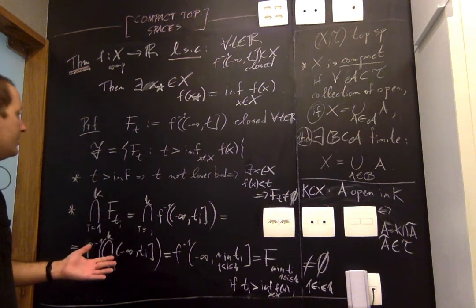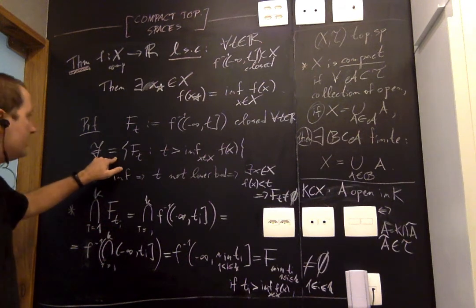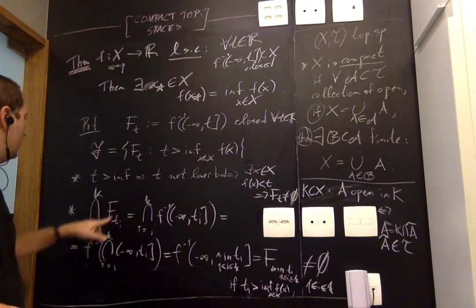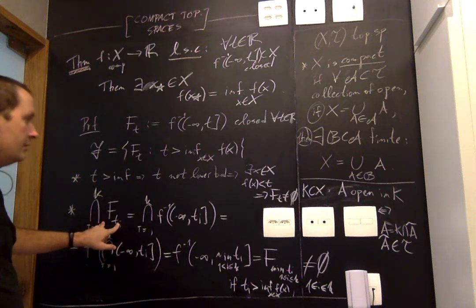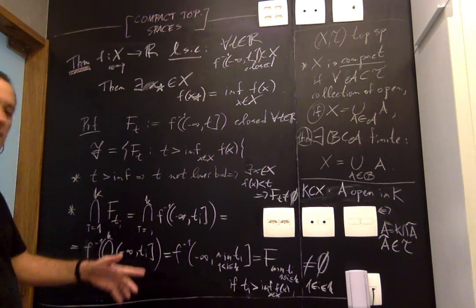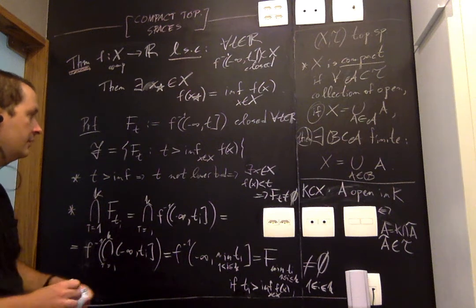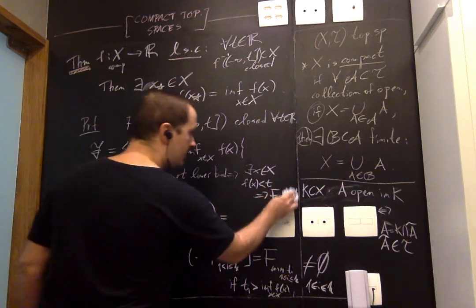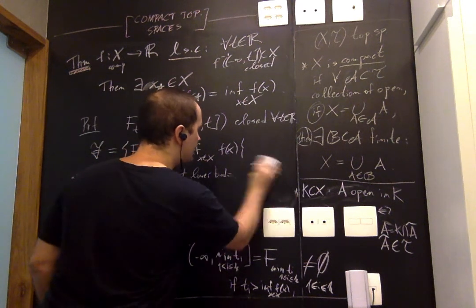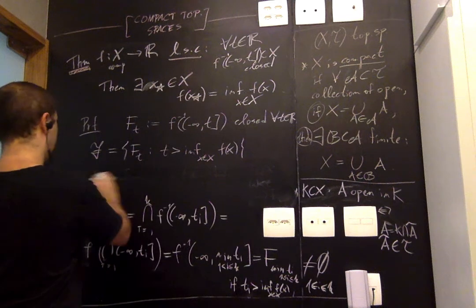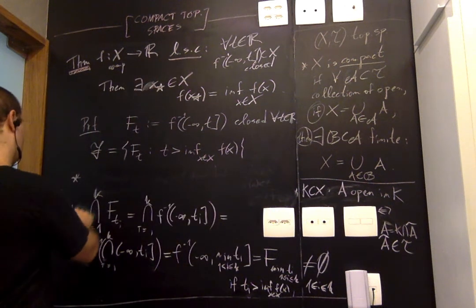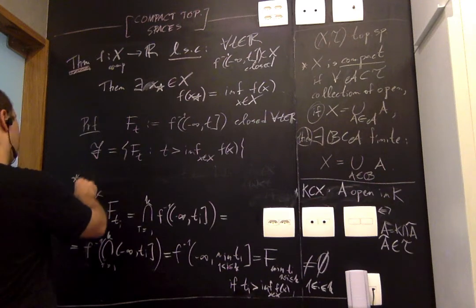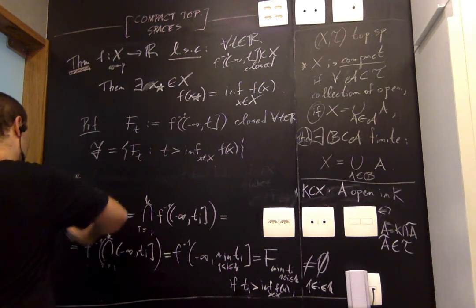Okay, now watch. So we have a collection of closed sets, and we just noted that any finite subcollection has a non-empty intersection. We know that X is compact, so it has the finite intersection property. So let me call this 3, and this is 1.